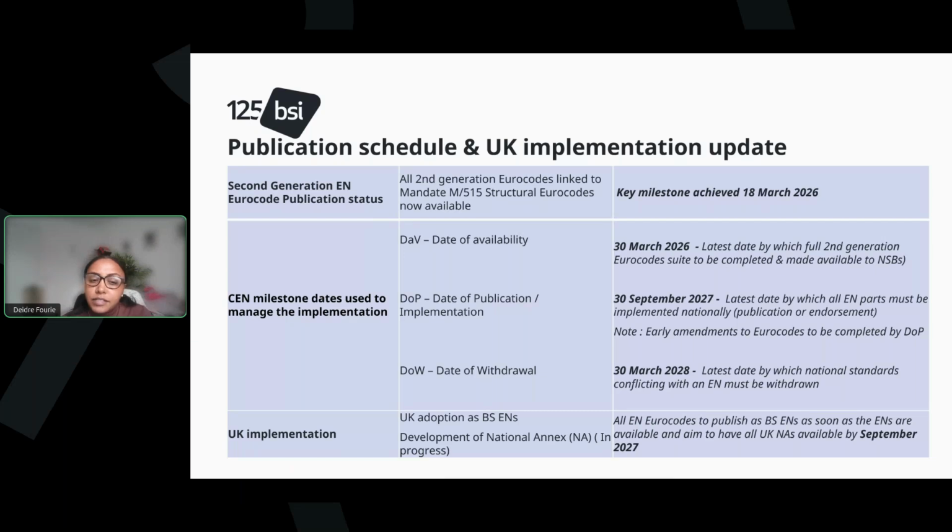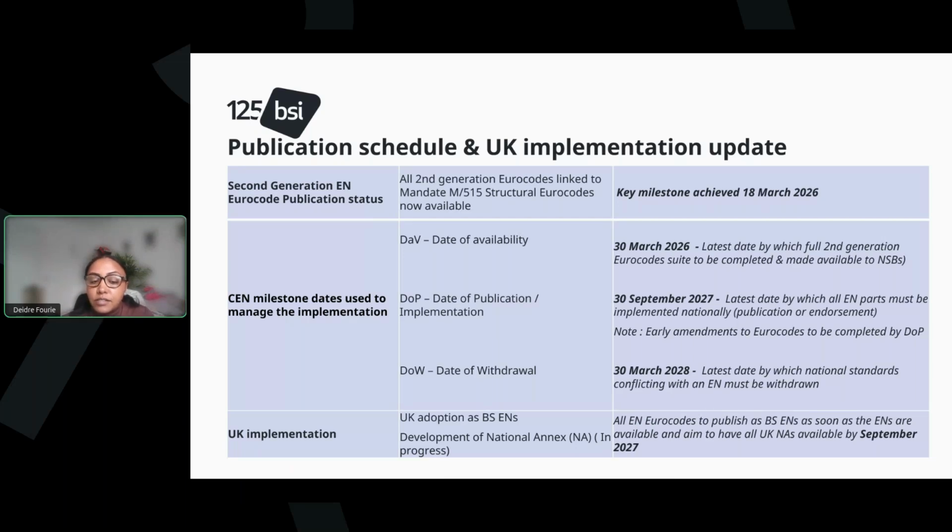Another significant date on that table is the 30th of March 2028. This is what we call the date of withdrawal, the date by which all the first generation codes will be withdrawn. Since the second generation Eurocodes began their release in 2023, our BSI practice has been to make sure we make these available as BS ENs as soon as possible.